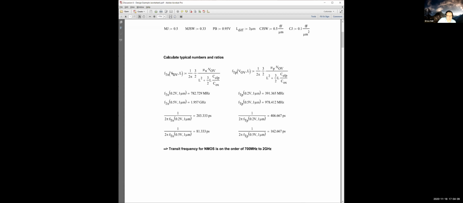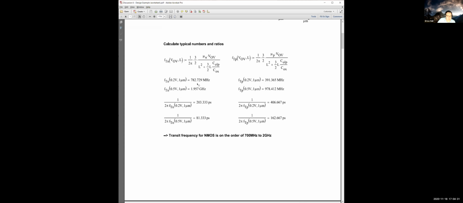Then I can show that we can calculate the FT of the transistor from the overdrive voltage and the length. This is just using the FT expression that I derived in class, depending on the mobility, overdrive voltage, as well as the overlap capacitance and the oxide capacitance.